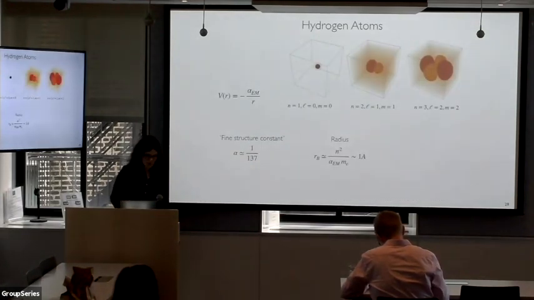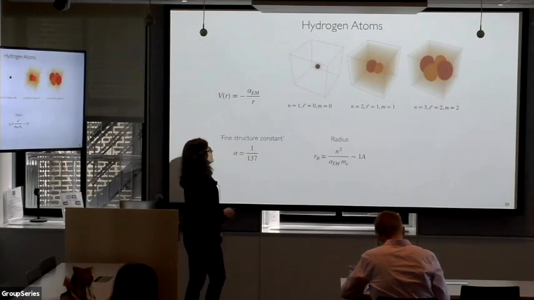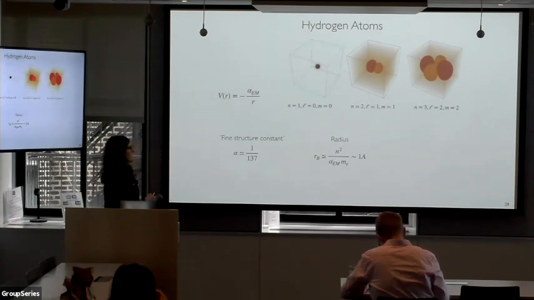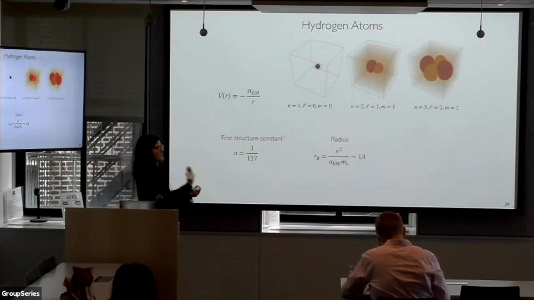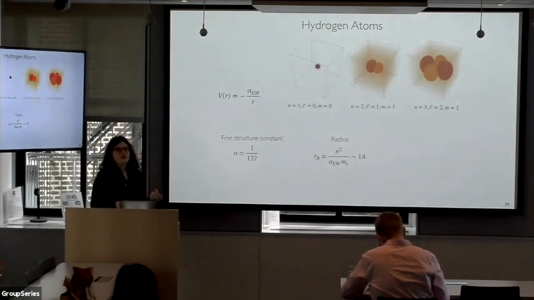Going back to what these bound states actually look like, I want to remind you of what a typical 1 over r potential solution is. It's just a solution for a hydrogen atom, right? You have a proton, and then you have an electron in orbitals around the proton through the electromagnetic force, which is parametrized by alpha and m.